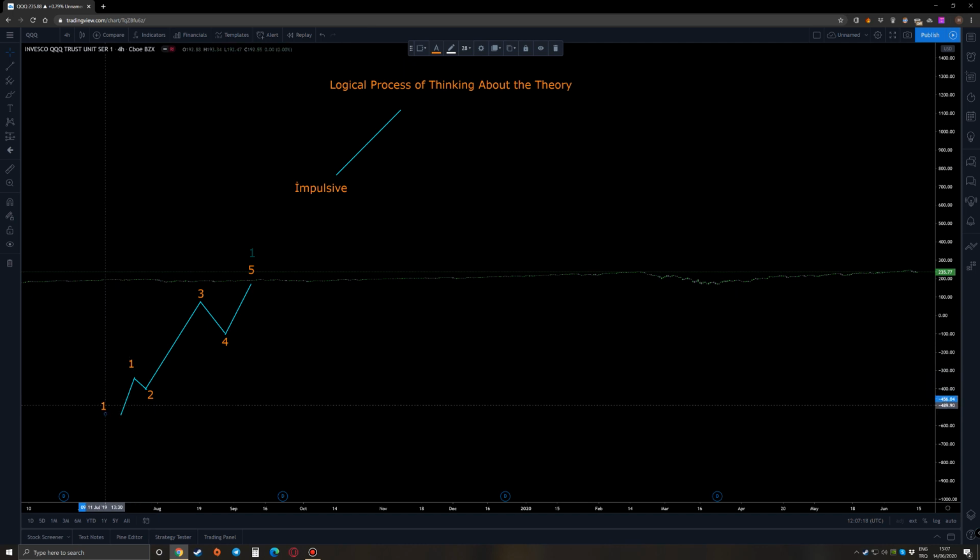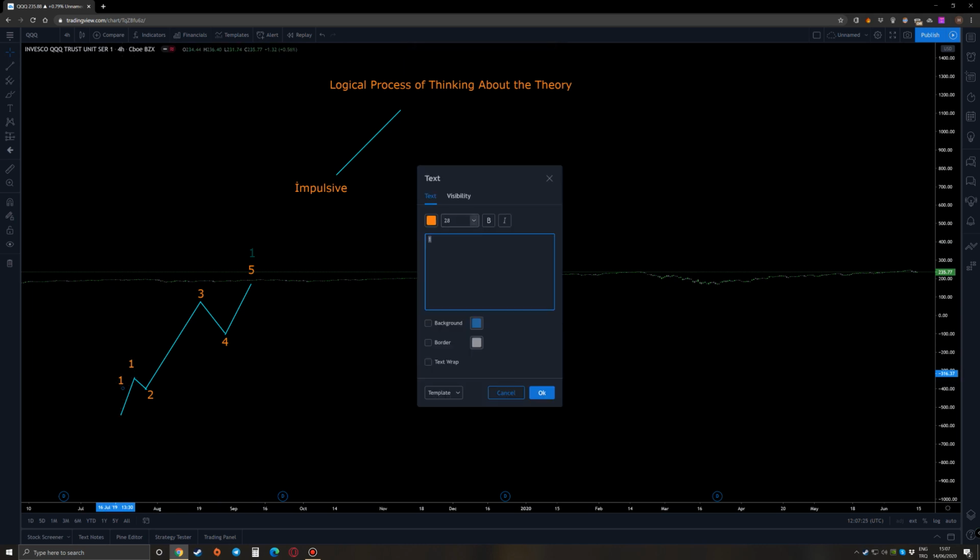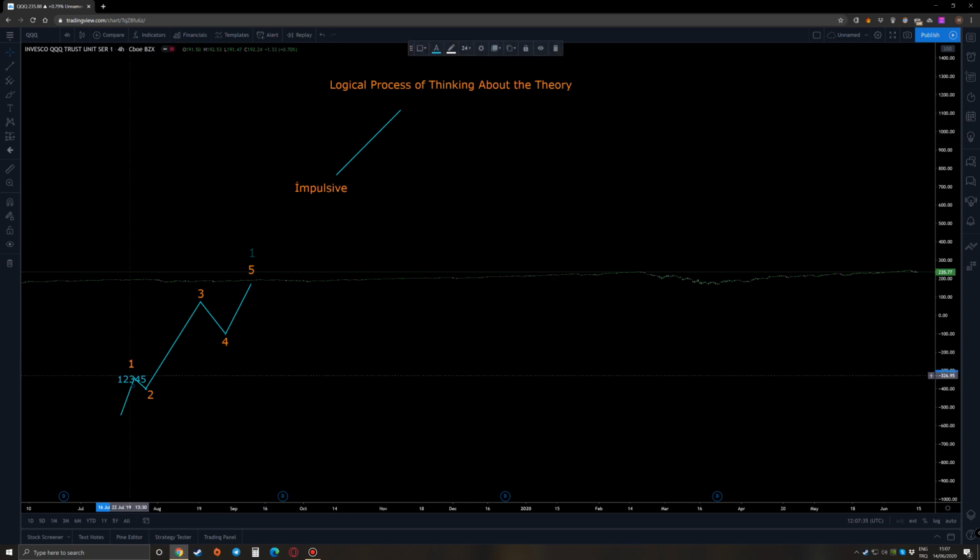So if I go, for example, to the lower degree, just like I said, let's make a lower degree here with you. I use different colors to understand how big it is and the different cycles. So this first wave has to be something like this in a lower degree, 1, 2, 3, 4, 5. Also the third wave, also the fifth wave.